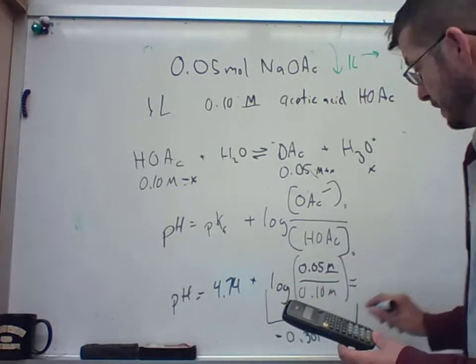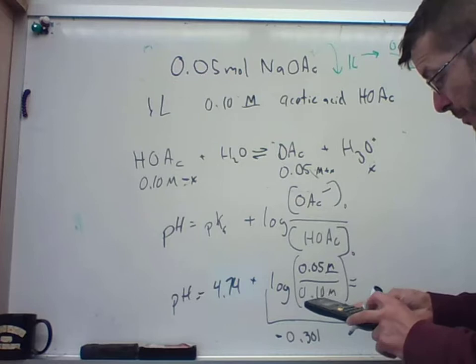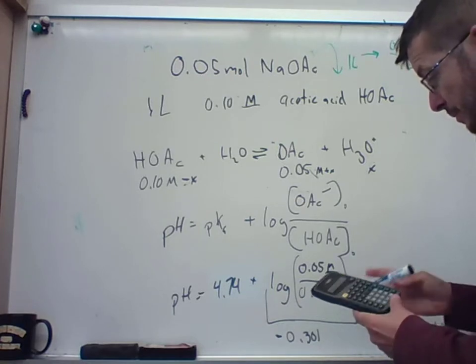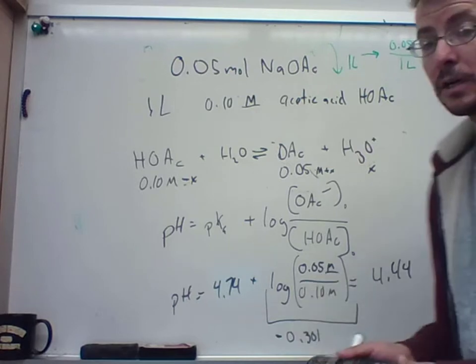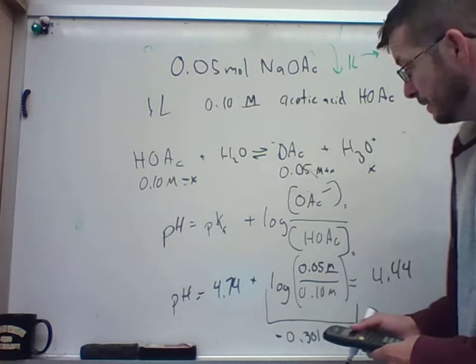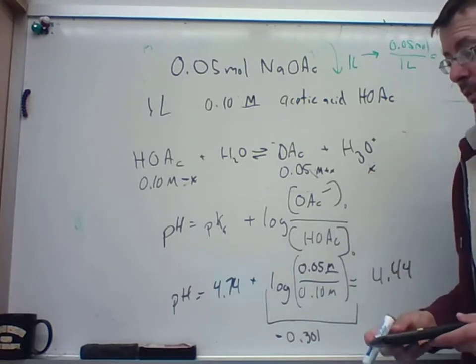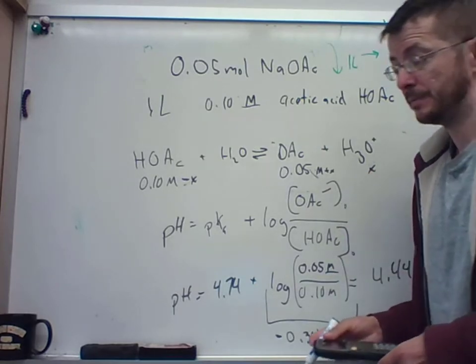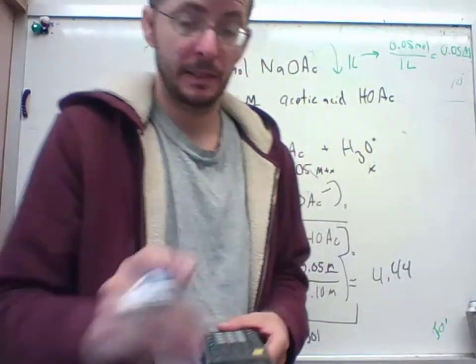Add that to the pKa, plus 4.74, is equal to 4.44, just like our previous example. So a little quicker, but just remember that you have to use the correct concentrations. So, one way to work with buffers.